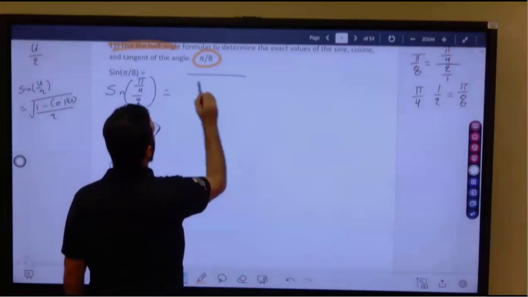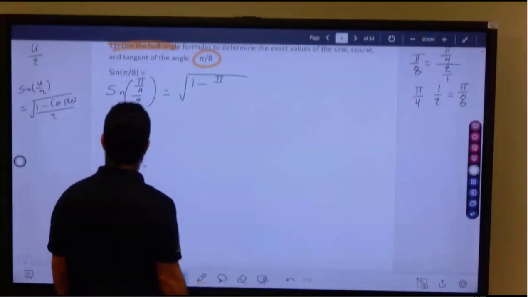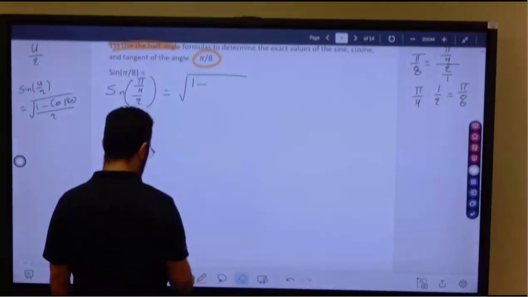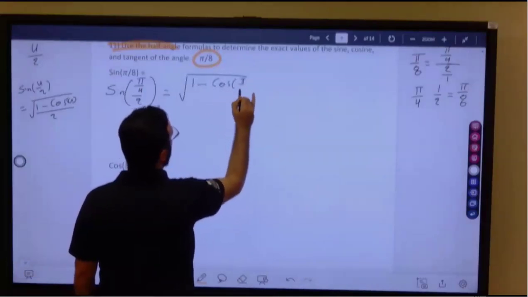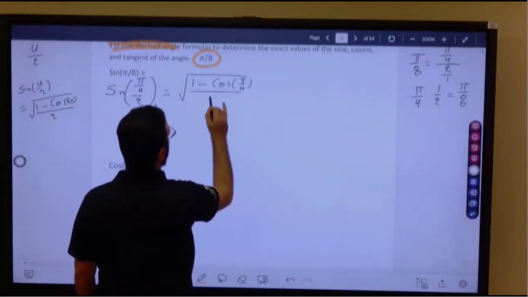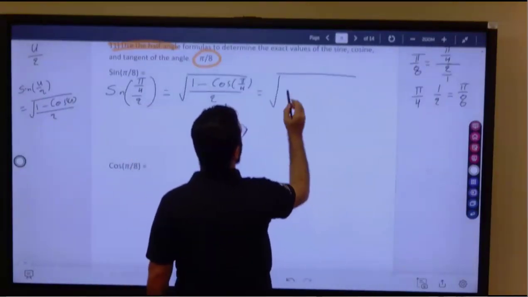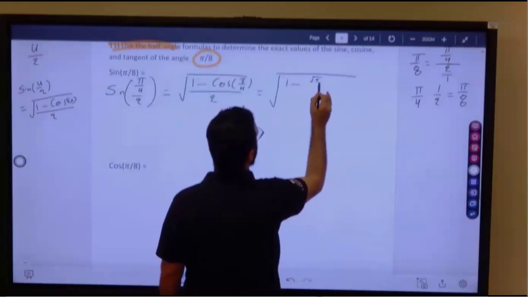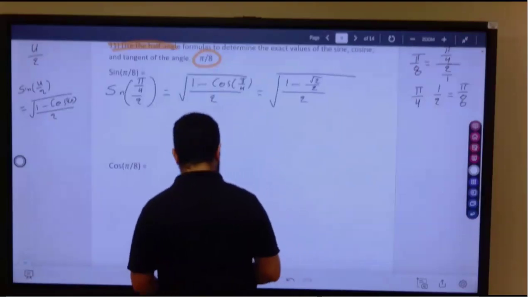So it's going to be square root of 1 minus cosine pi over 4, and everything divided by 2. You just need to simplify it. So it's going to be square root of 1 minus cosine pi over 4, which is square root of 2 divided by 2, and over 2. So the next step, we just need to simplify.